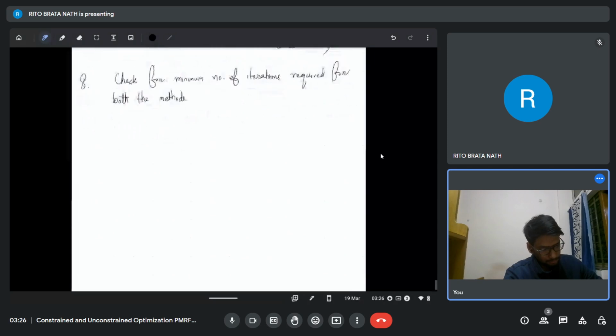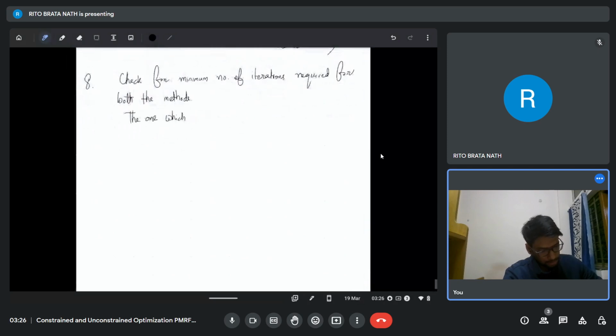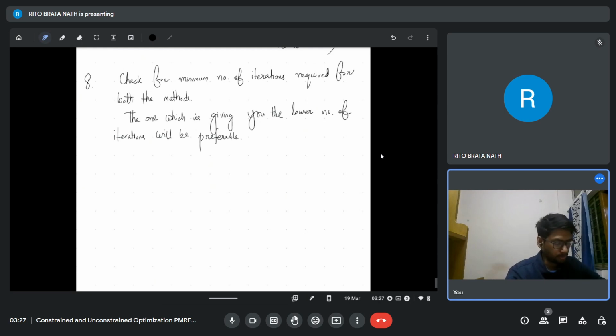The one giving you the lower number of iterations will be preferred. You have to do that on your own, so I'm not giving you the answer. So let's quickly discuss 9 and 10, and then I'll wrap up for today.